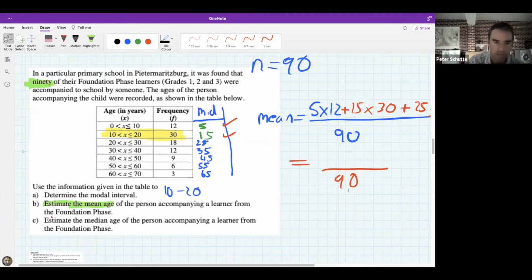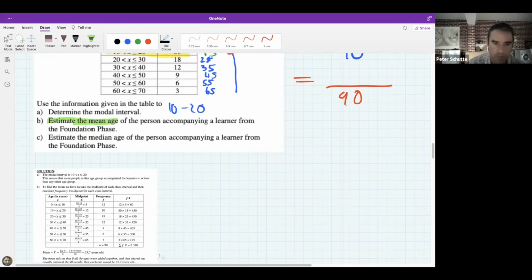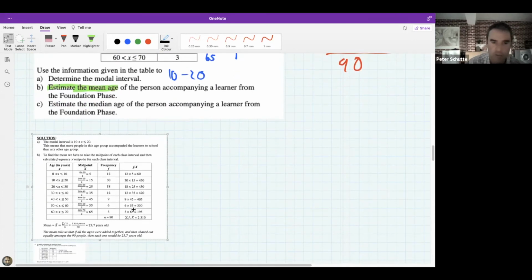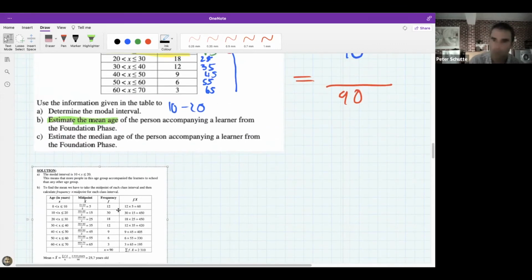Let me go and find the answer total. In fact, let me even bring this table up so you guys can all see it. So you should get 2,310 as the total if you get this correctly.